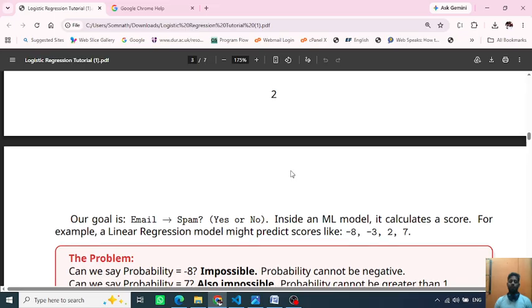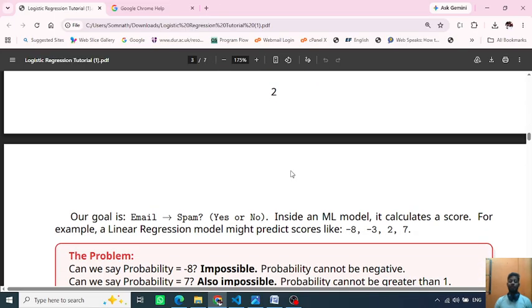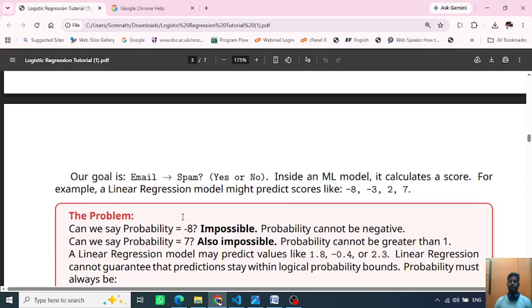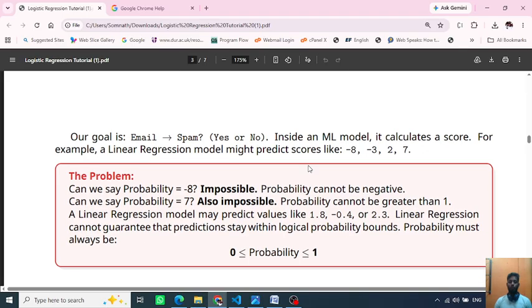Our goal is to find out whether an email is spam or not, to answer yes or no. Inside an ML model, it calculates a score. For example, a linear regression model might predict scores like -8, -3, 2, 7. The problem is, can we say probability equals -8? Impossible, because probability cannot be negative. Can we say probability equals 7?